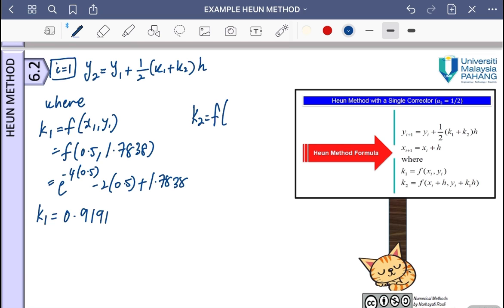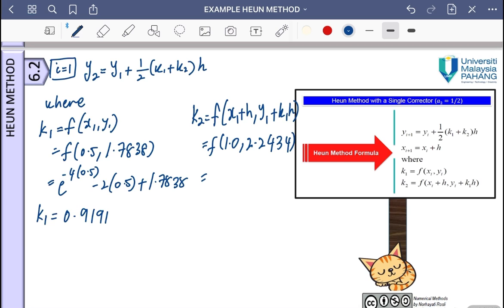Now we calculate our second slope, K2. K2 is the calculation of f at the point x1 plus h and y1 plus K1 times the step size. If we simplify, it is the point 1 and 2.2434.